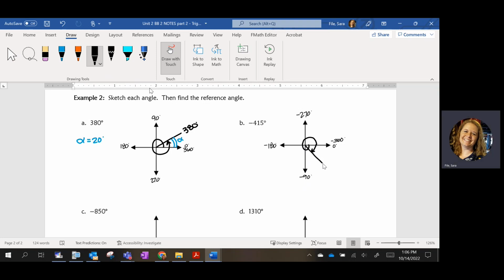It doesn't have to be perfect. We're not whipping out protractors or anything, just estimating. It does need to be in the right quadrant though. Okay, and it would be a little more than halfway, because halfway would be 45 degrees, right? I don't know if mine is that accurate, but it's good enough for now. Just make sure you're estimating relatively close. So that is negative 415 degrees.